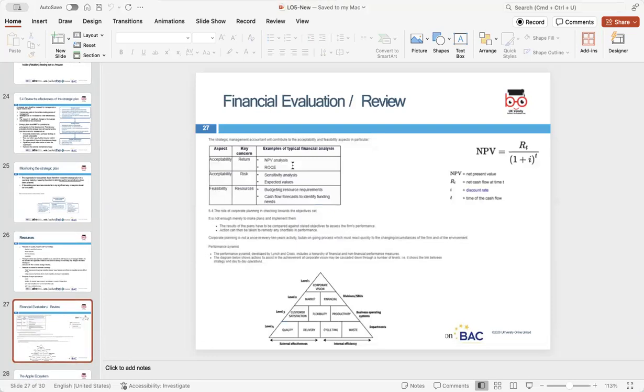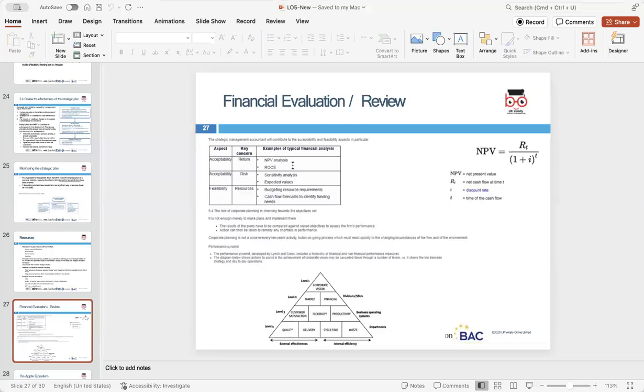Financial evaluation or review. Financial evaluation plays an important role in determining whether a strategy is acceptable and feasible. Strategic management accountants are responsible for conducting financial analysis that assesses the potential return and risk of a strategy.